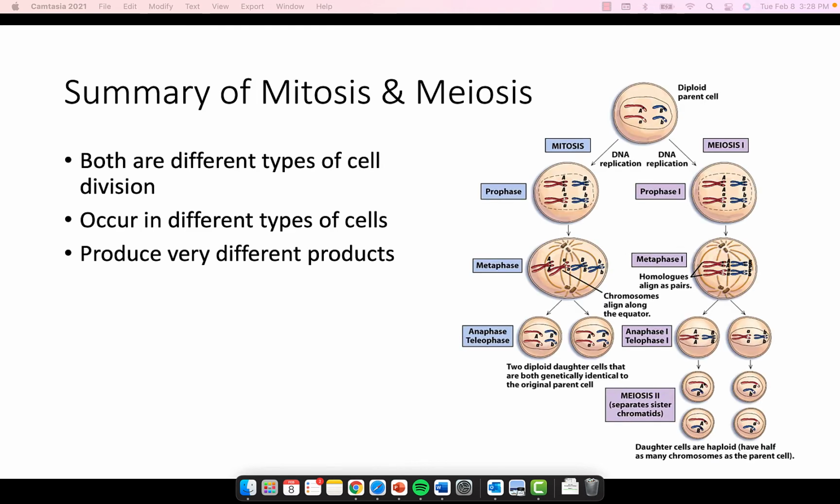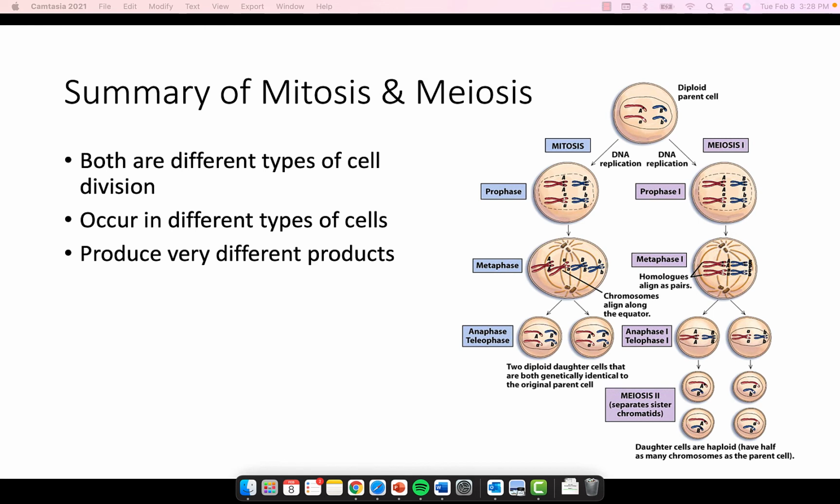So the summary of mitosis and meiosis is basically that both are different types of cell division, and they occur in different types of cells, and they produce very different products. Mitosis occurs in somatic cells, like skin cells or muscle cells or nervous cells, and produces identical copies.